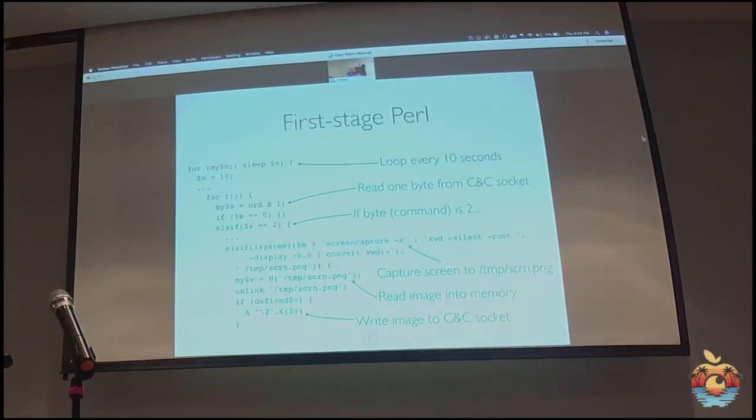So this is just an example of one thing that it did. It could also do things like capture images through the webcam. It could download files. It could execute arbitrary commands. You name it. It's got all the standard command and control behaviors.